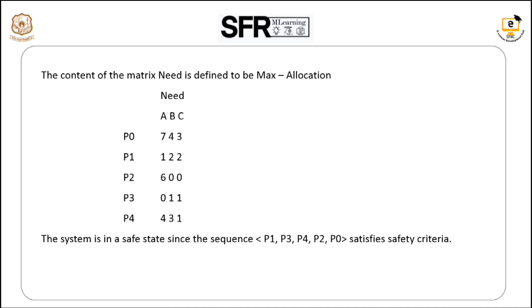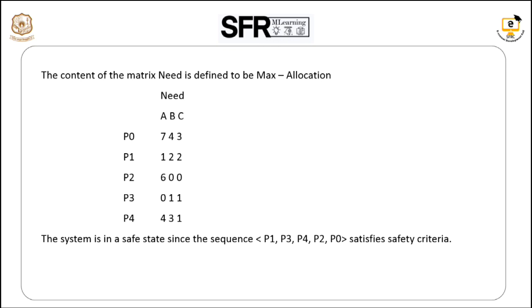After the completion of the job P1, it releases its resources, then the available becomes 5, 3, 2. Then we check P2. We can't allocate because the P2 need is greater than the available value. So we check P3, which can be allocated because the P3 need is less than the available value.